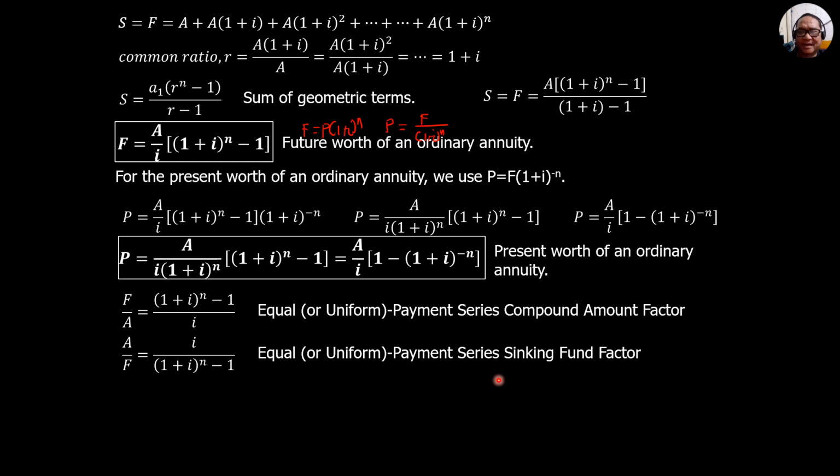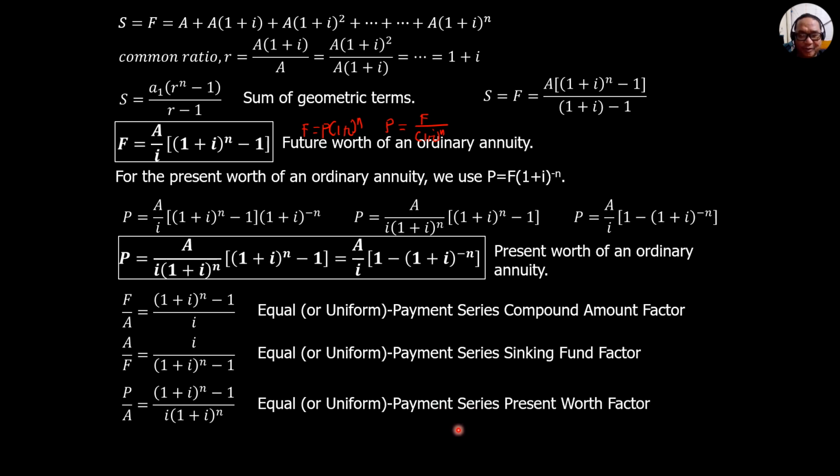Then P over A, which is 1 plus i to the n minus 1 over i times 1 plus i to the n, or simply present worth over the equal payment A, is called the equal or uniform payment series present worth factor.